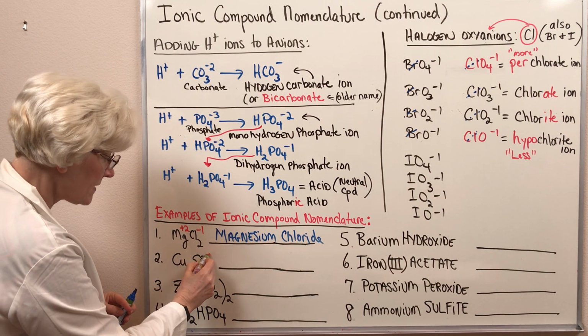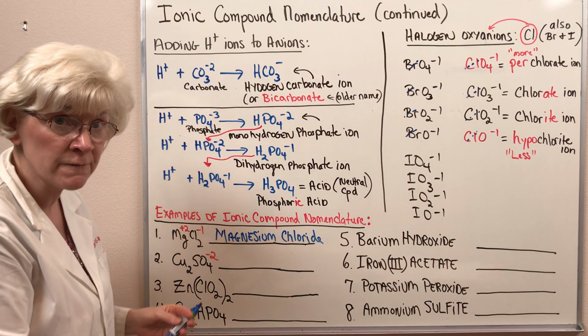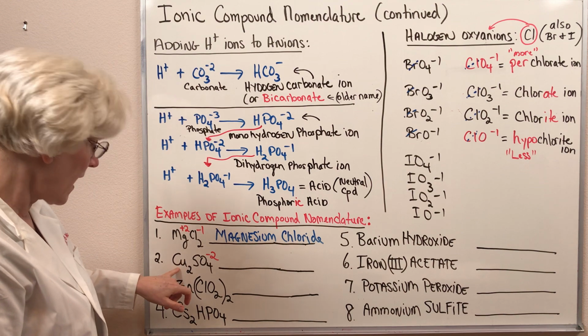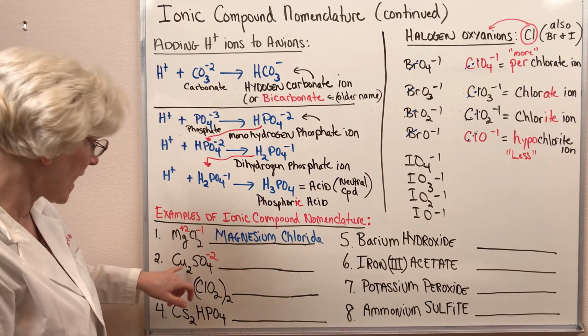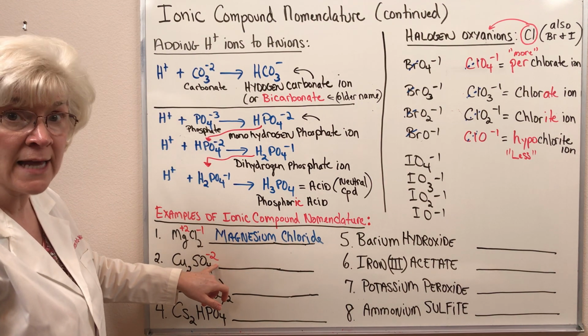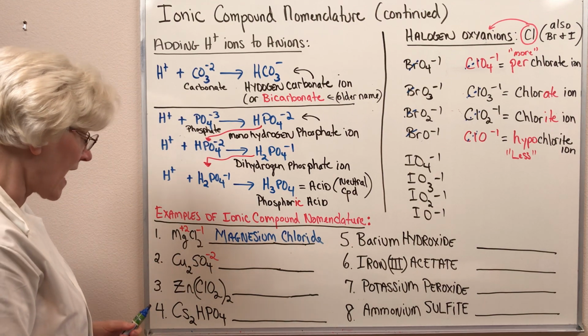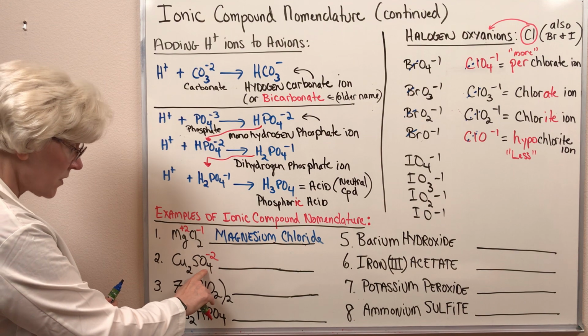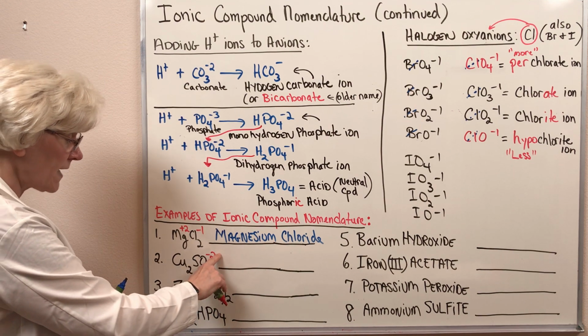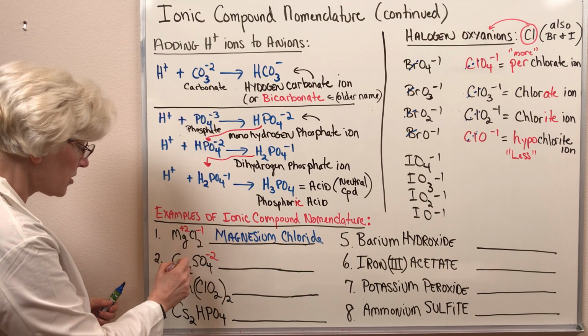So I'm going to need to take a look at my anion first when I'm looking at a transition metal cation. The anion is going to tell me what the charge on that transition metal ion has to be. So SO4, I recognize the sulfate ion with a -2 charge.